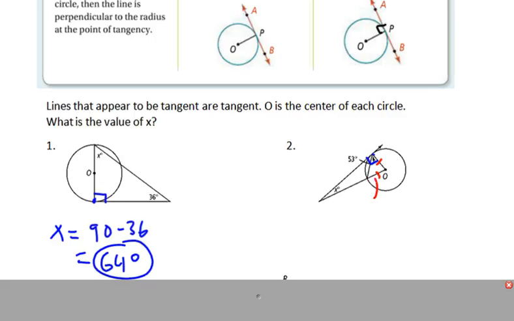So that means this angle right here is also 53 degrees, which means the opposite side, if this is a line, would have to be 180 minus 53. 180 minus 53. What's it going to be?